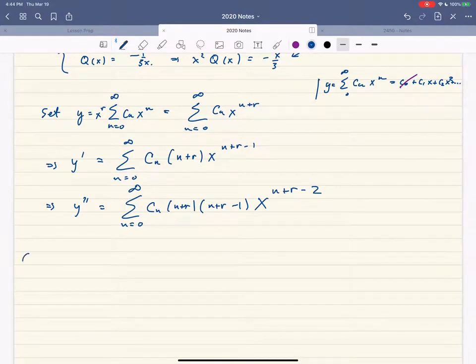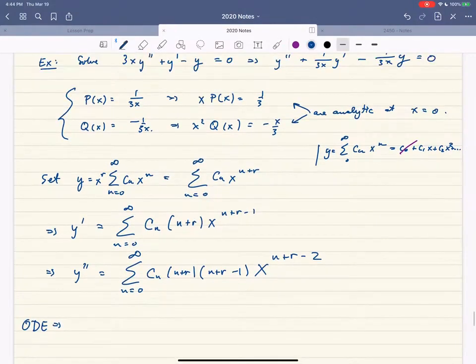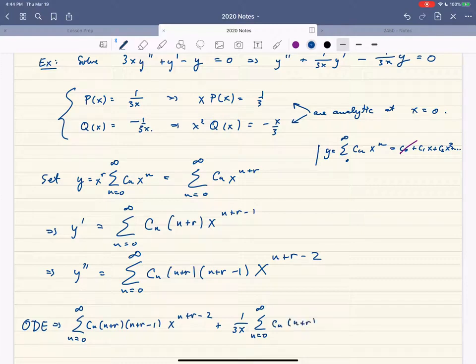So our ODE is going to become, let's see, I'm going to have to write a little bit smaller here, y double prime, c sub n, n plus r, n plus r minus 1, x to the n plus r minus 2, plus 1 over 3x times the sum from n equals 0 to infinity of y prime, so that's c sub n times the quantity n plus r, x to the n plus r minus 1, minus 1 over 3x times the sum from n equals 0 to infinity, c sub n, x to the n plus r. That's all going to be equal to 0.